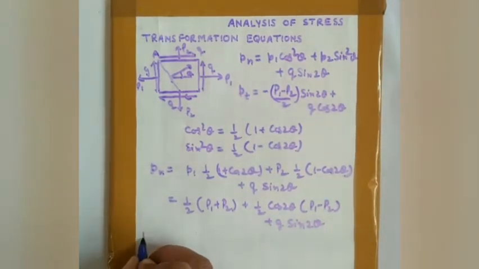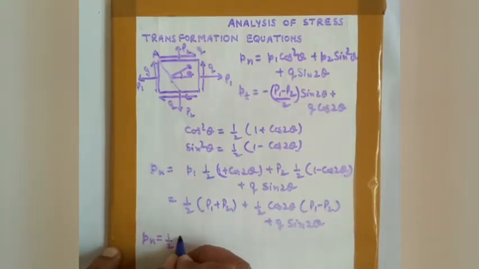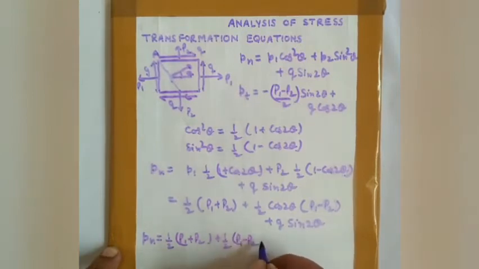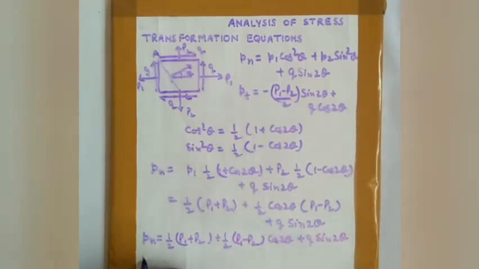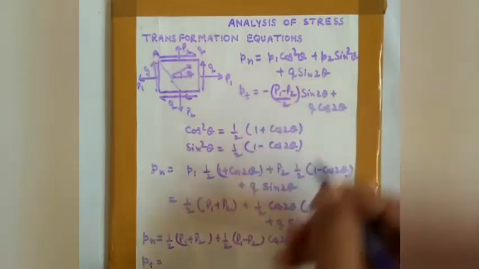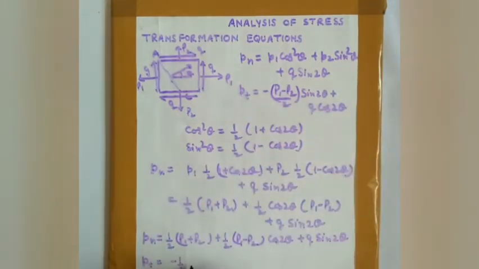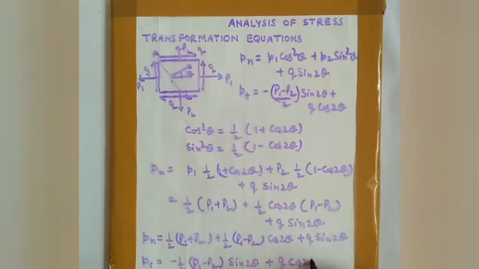Rearranging, we can write Pn is equal to 1 by 2 (P1 plus P2) plus 1 by 2 (P1 minus P2) cos 2 theta plus Q sin 2 theta. Take Pt as above: minus 1 by 2 (P1 minus P2) sin 2 theta plus Q cos 2 theta.